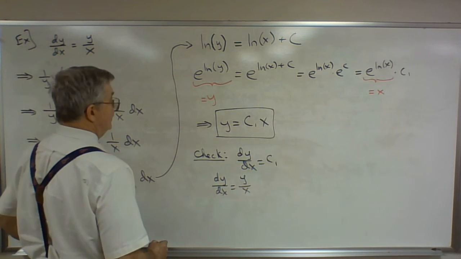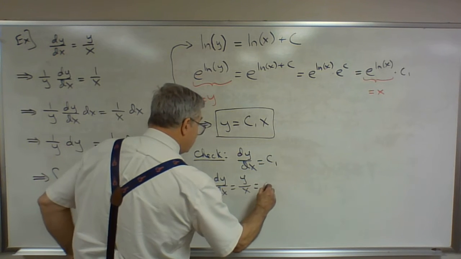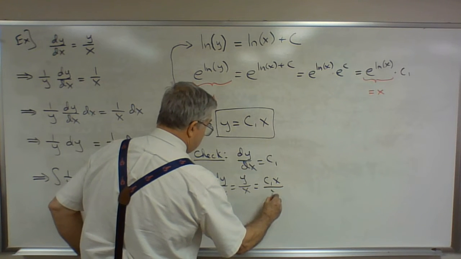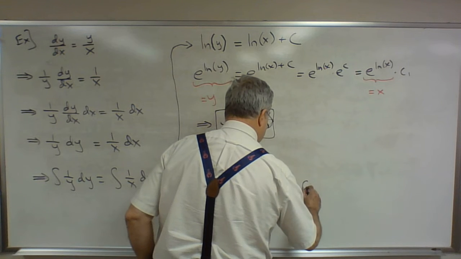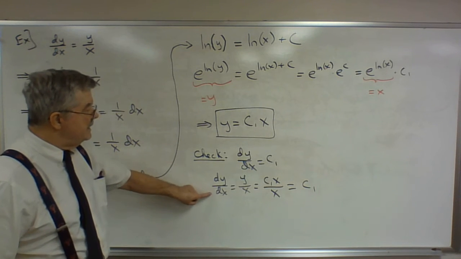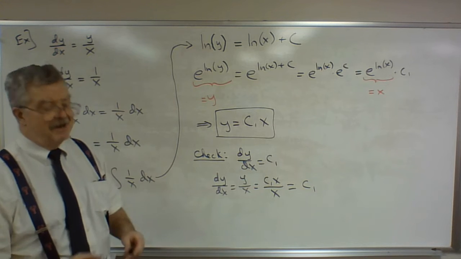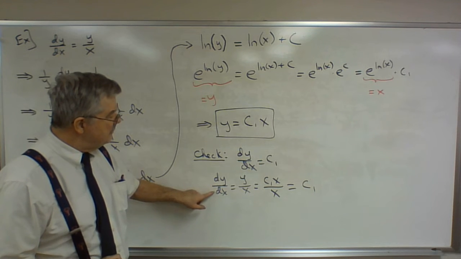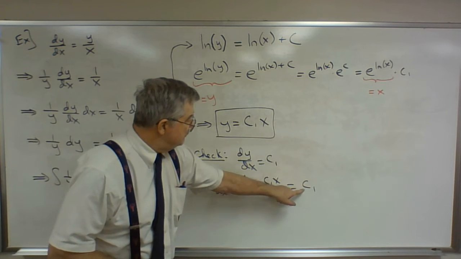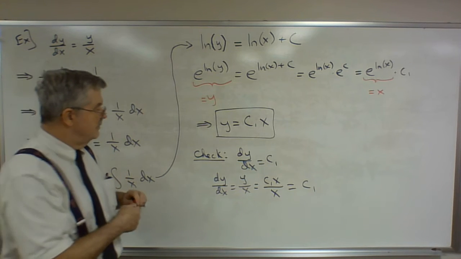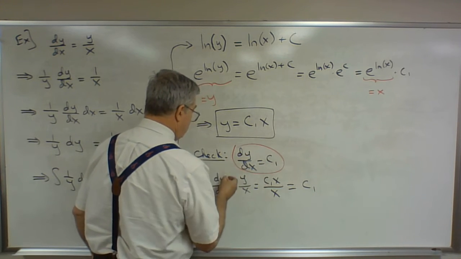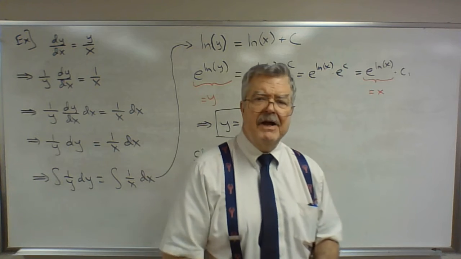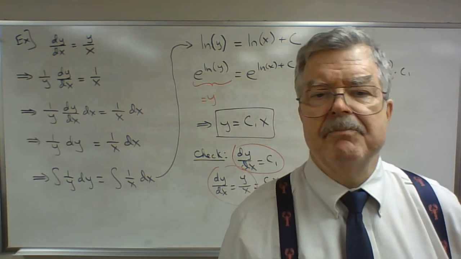Let's see. y is equal to c1 times x, and x is just, well, x is just x. dy dx equals c1, oh, son of a gun, it works. So dy dx does in fact equal y over x, which is c1. So we did indeed find the solution to that differential equation.